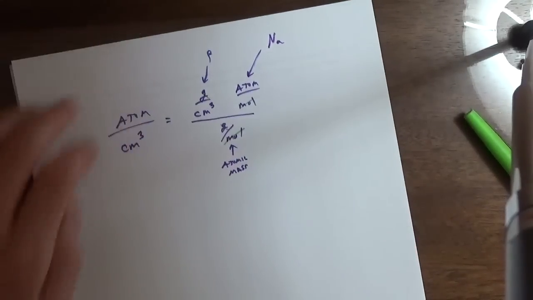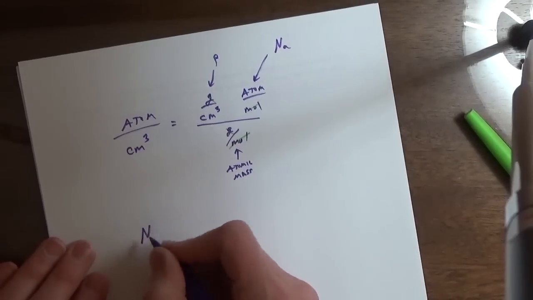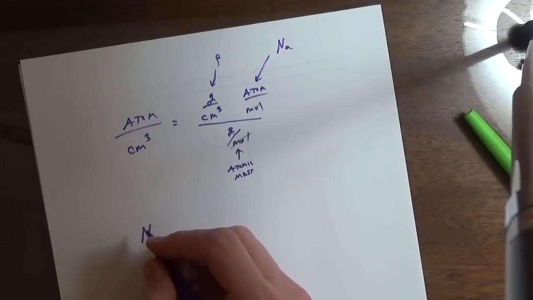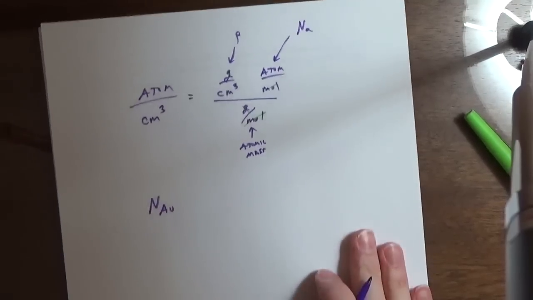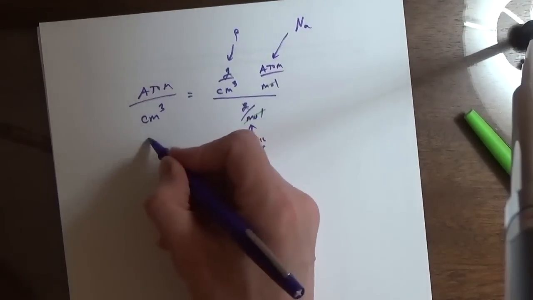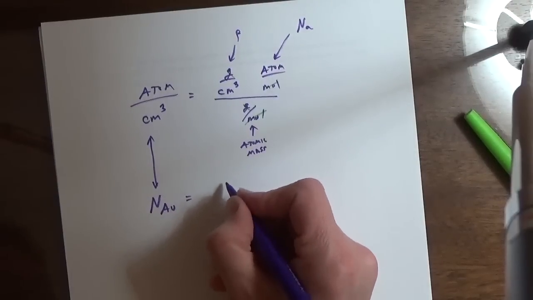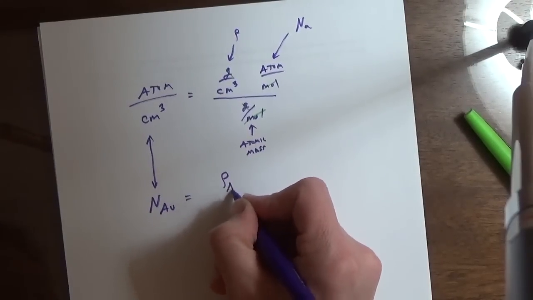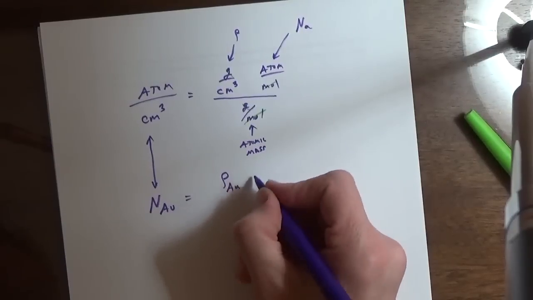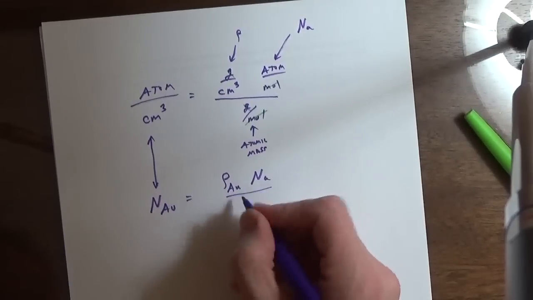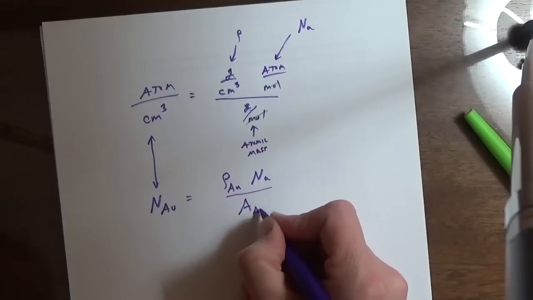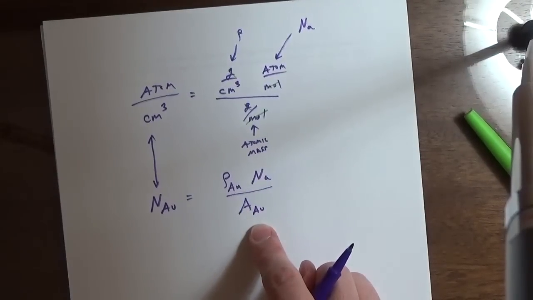So that means that the number of atoms per volume is going to be the density of gold times Avogadro's number divided by the atomic mass of gold.